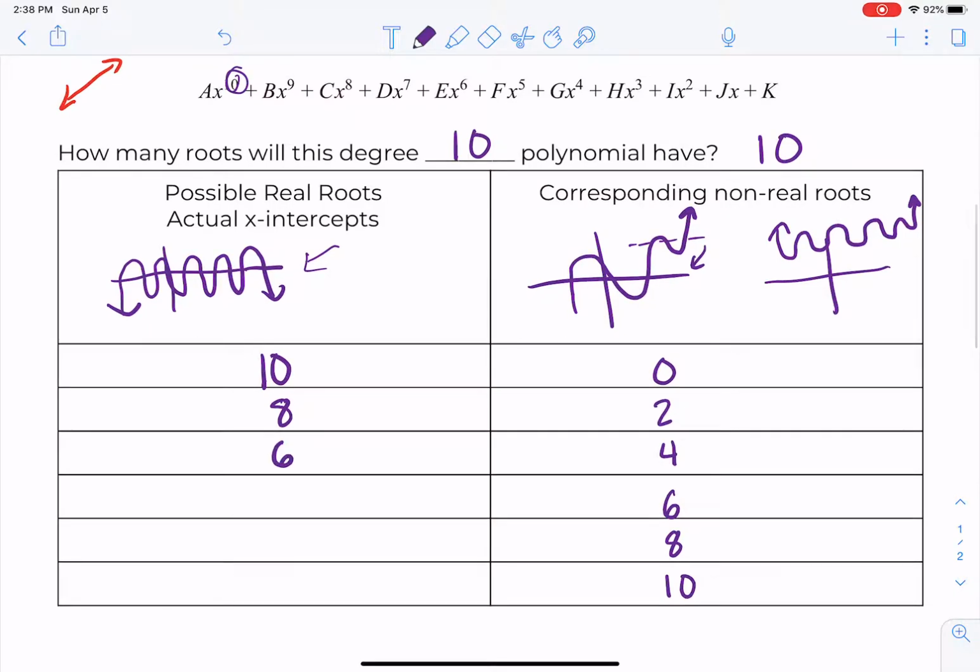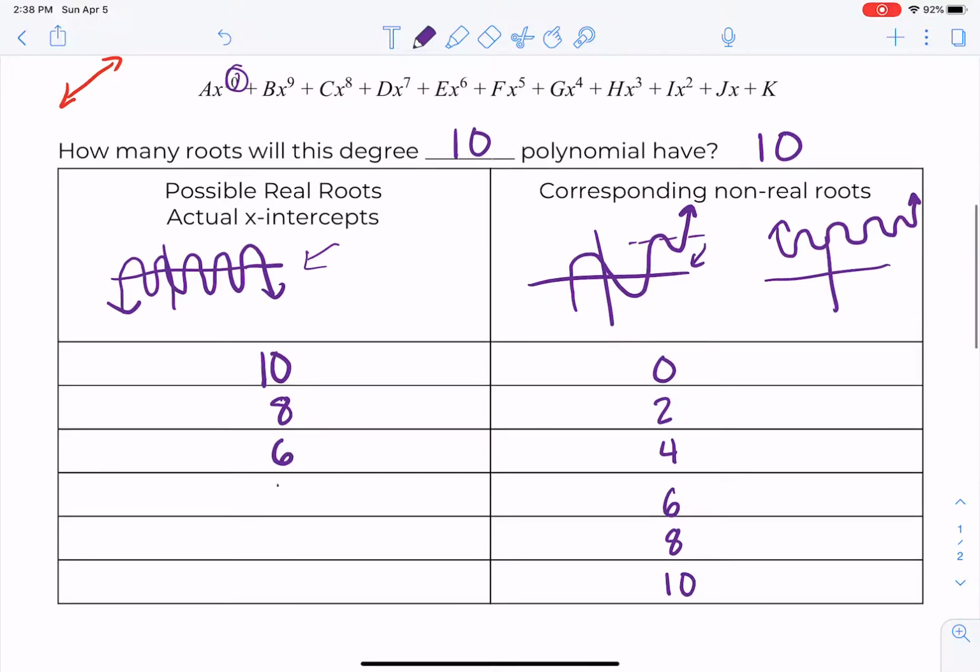That's possible. So then going down, we would have 8 real roots if we had 2 non-real roots. We would have 6 real roots if we had 4 non-real roots. 4 real roots if we had 6 non-real roots. 2 real roots if we had 8 non-real roots. And we'd have none, 0, if we had 10 non-real roots. And that's kind of how the roots work and what they look like. Again, you're looking for hills or valleys in this section that are off the x-axis.